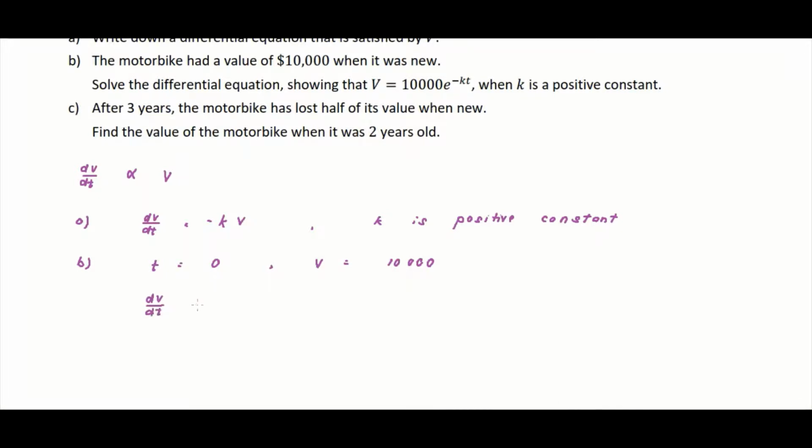So dv/dt equals negative kv. Same thing for this part, you can always try to do it by yourself also. So 1 over v dv/dt equals negative k. Integrate both sides with respect to t.